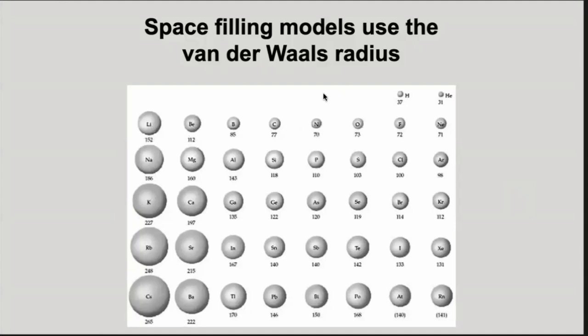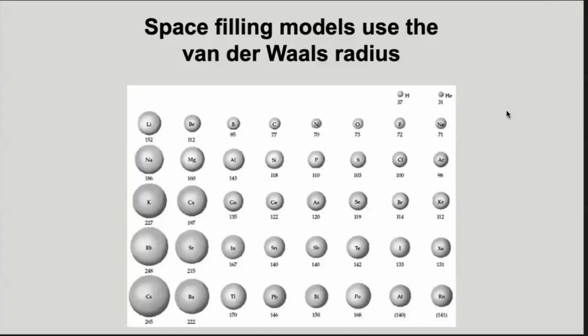Even though you have more electrons in the outermost shell, you've also got more protons in the nucleus, so there's a stronger electrical attraction between the positively charged protons in the nucleus and the negatively charged electrons orbiting. So the electrons are actually held tighter, closer to the nucleus. So that's why they get smaller as you go from left to right. So you can easily find a picture like this in a Google search if you ever need to guess about how big an atom is going to be if it's part of a molecule.